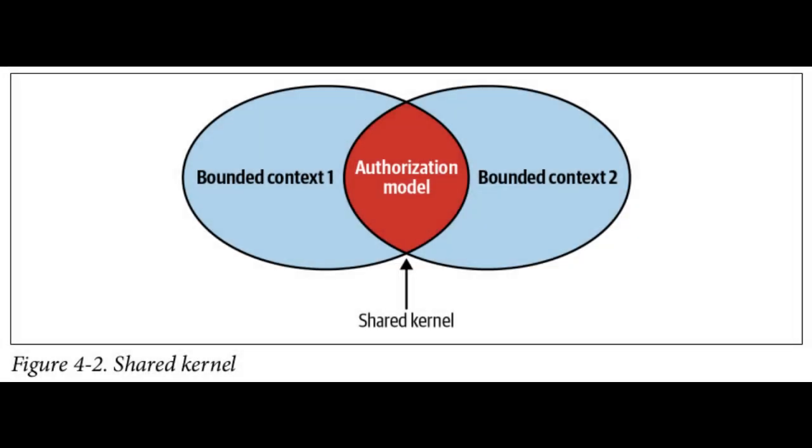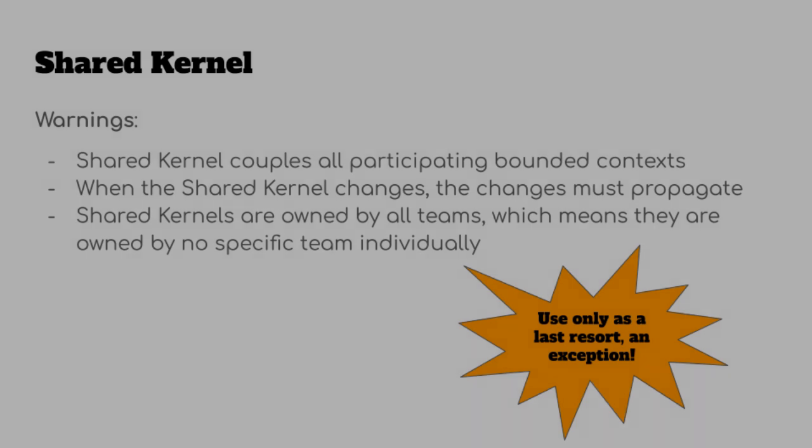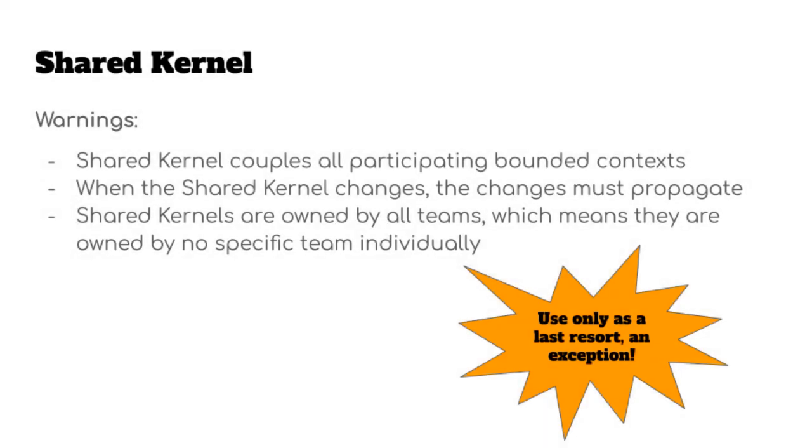Domain-driven design defends that in such cases, you can use a shared kernel, a bounded context shared with all the other bounded contexts. An example of a possible case for a shared kernel is an authorization bounded context, as seen in this figure.